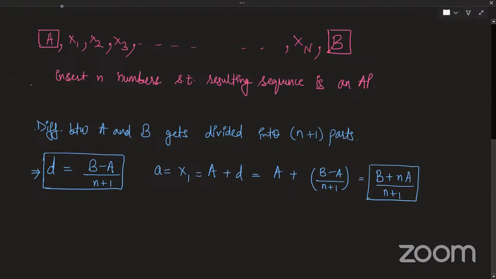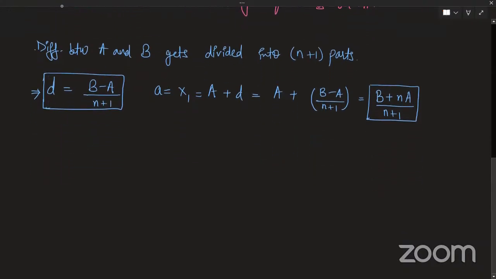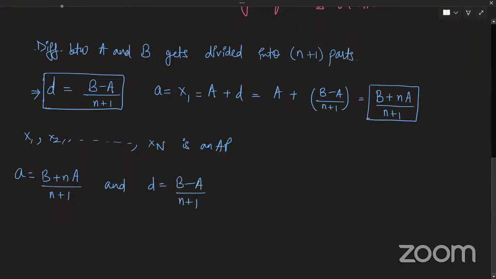So basically, x1, x2, x3 till xn is an AP whose first term is (B plus nA) by (n plus 1) and common difference is (B minus A) by (n plus 1).